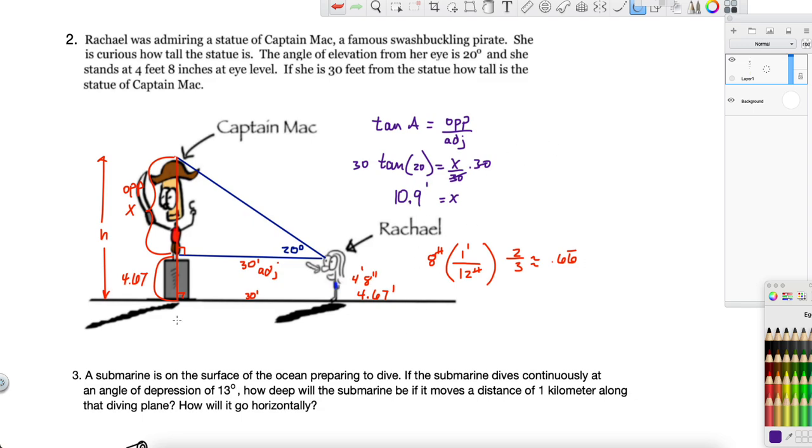So the height is going to be 10.9 feet plus 4.67 feet. And that's going to be 10.9 plus 4.7, which gives us 15.6 feet. So the height of the statue is 15.6 feet.